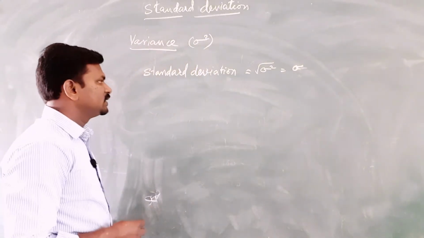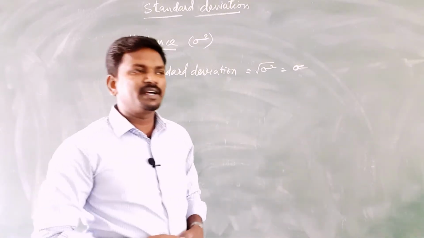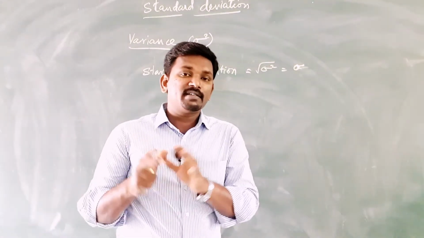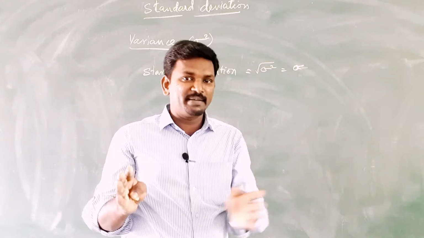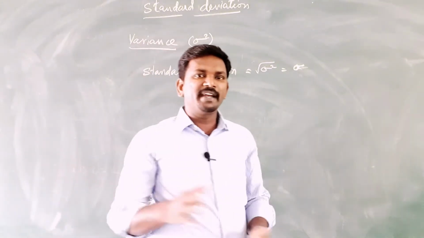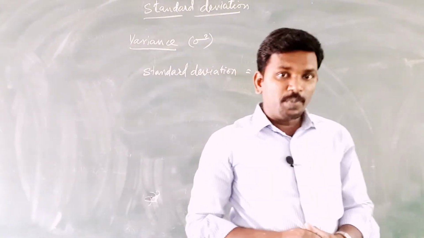In your textbook the data is divided into two major types: ungrouped data and grouped data.